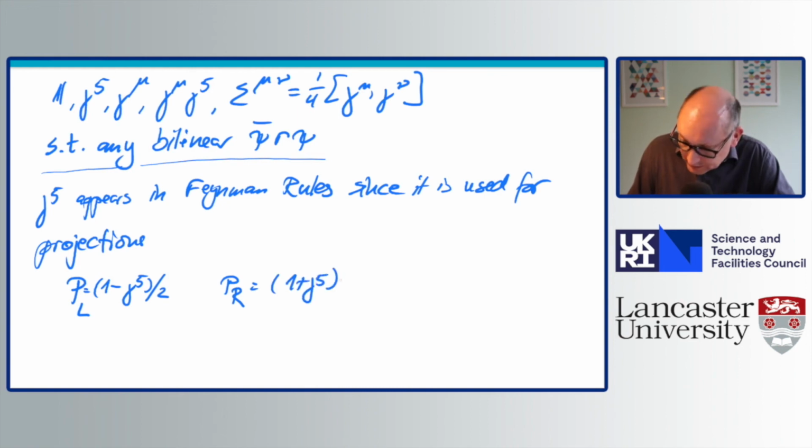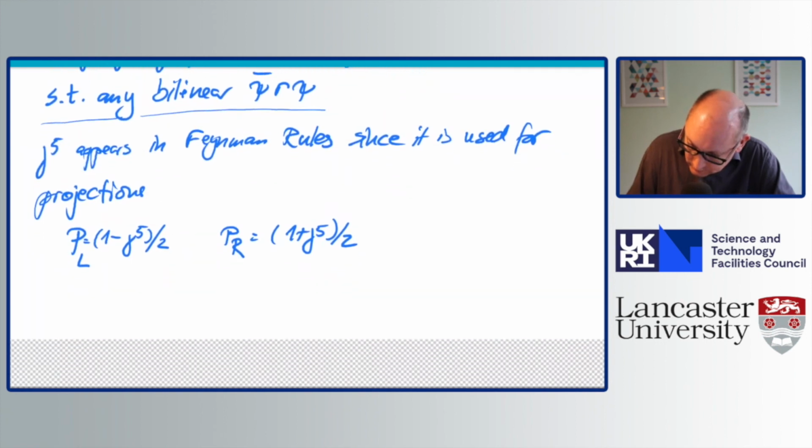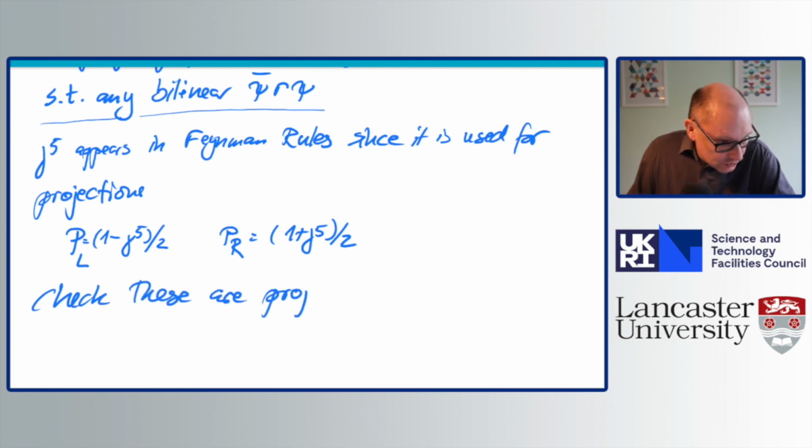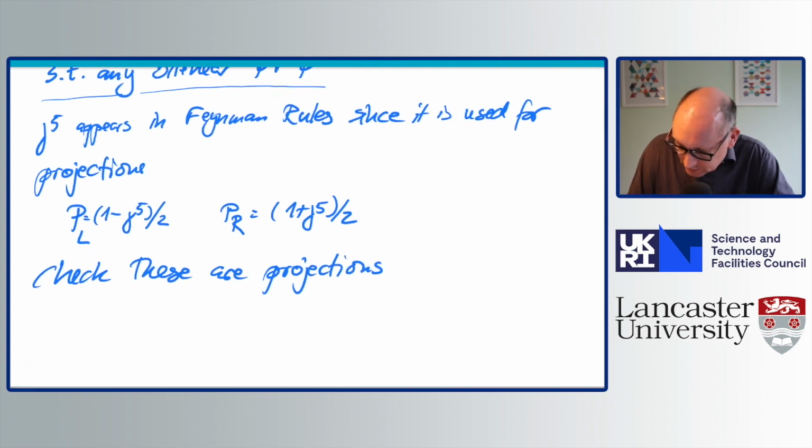Now you can check explicitly these are projections. What do we mean that they're projections? We can check that P squared, if you project twice, it's the same as projecting once. And we can check that if we project first on the right-handed state and then project on the left-handed state, we get 0.